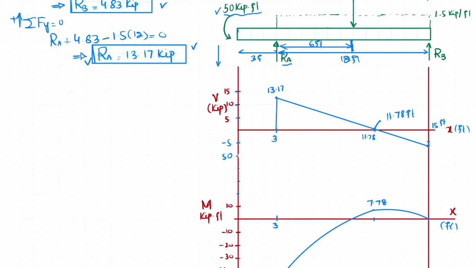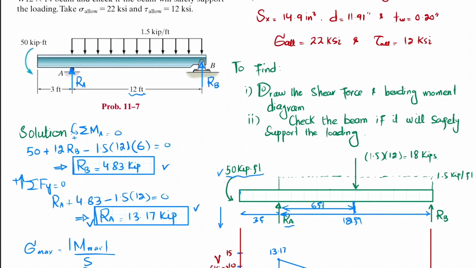Now we will quickly move toward our required problem. We know that maximum bending stress is equal to maximum bending moment divided by section modulus. The maximum bending moment from here is minus 50, and we will take the mod, so 50 kips into feet. Converting it into inches, 50 into 12 divided by the section modulus, which was 14.9, given over here.